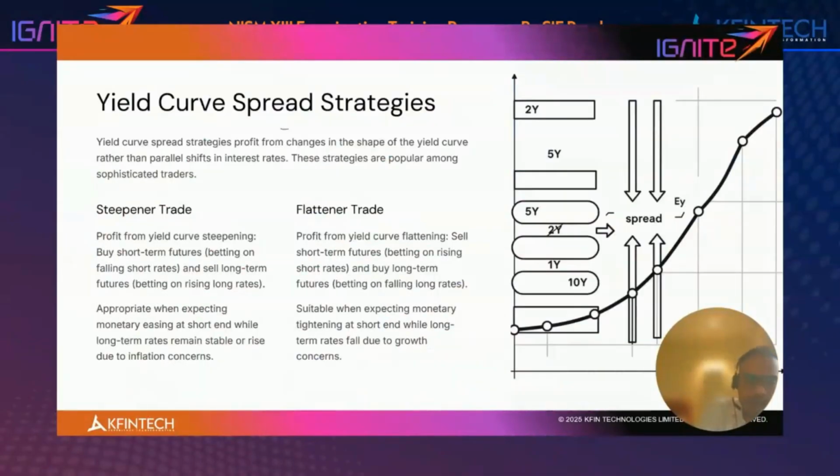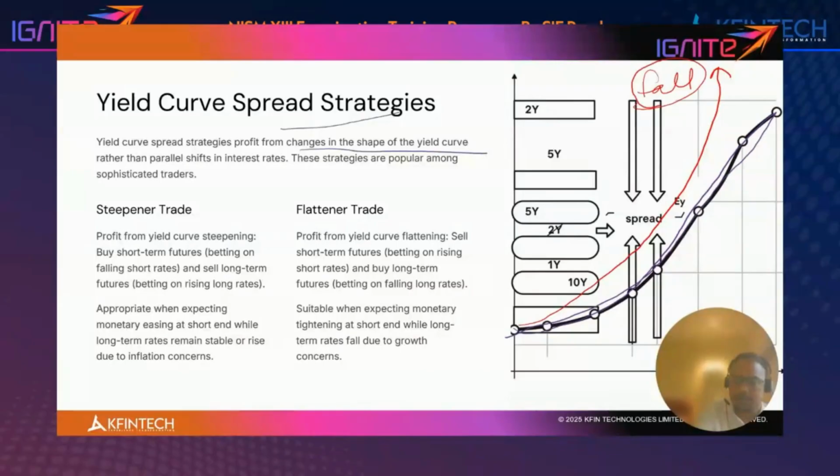Yield curve spread strategies, we saw this. Yield curve spread strategies profit from changes in the shape of the yield curve. So suppose this is a yield curve, this is already created. Suppose it steepens. That means bonds over here will fall because the interest rates have gone high.